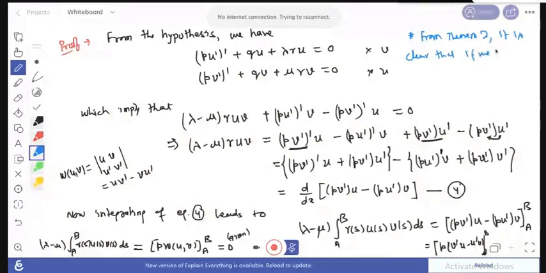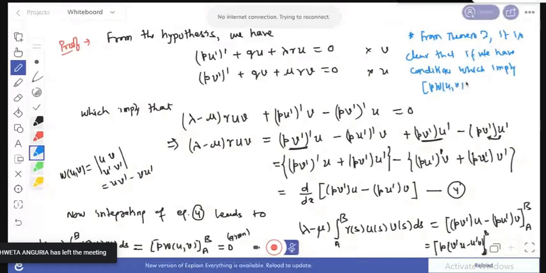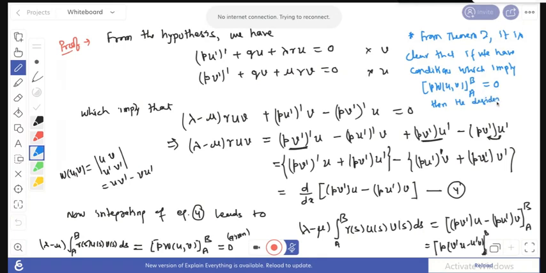if we have conditions which apply, this p times the Wronskian of u and v with domain a to b equals 0, then the desired result follows.